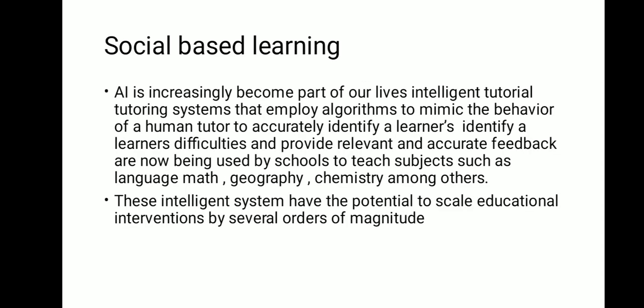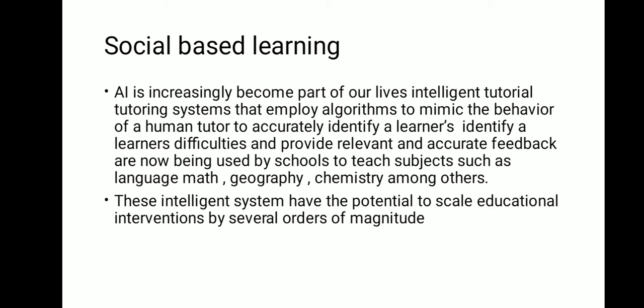Social-based learning is next. AI is increasingly becoming part of our life systems. Intelligent tutoring systems that employ algorithms to mimic the behavior of human tutors, accurately identify learners' difficulties and provide relevant and accurate feedback are now being used in schools to teach subjects such as language, math, geography and chemistry, among others.